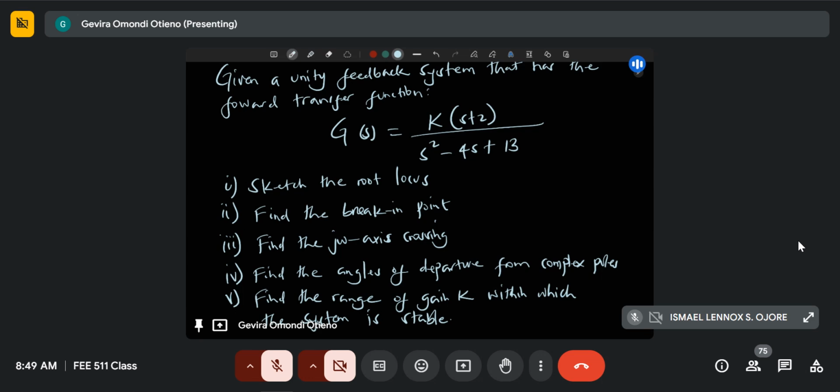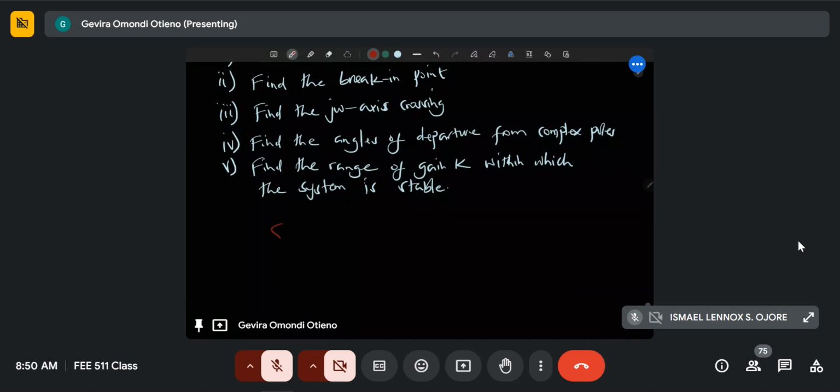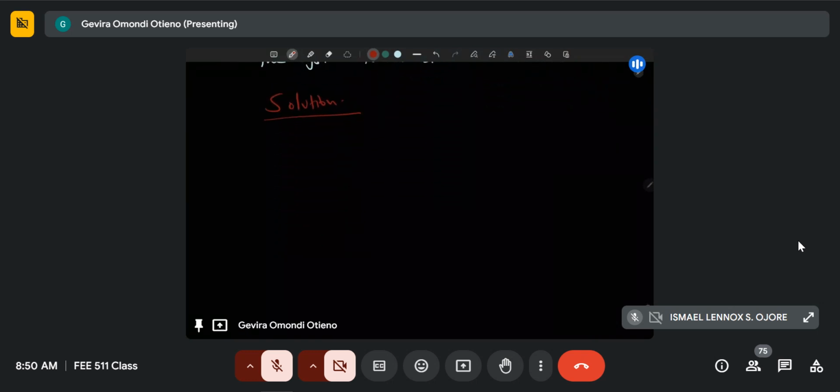But before we do that, we need to know, usually, so solution: we need to know what the zeros are, and we also need to know the poles.